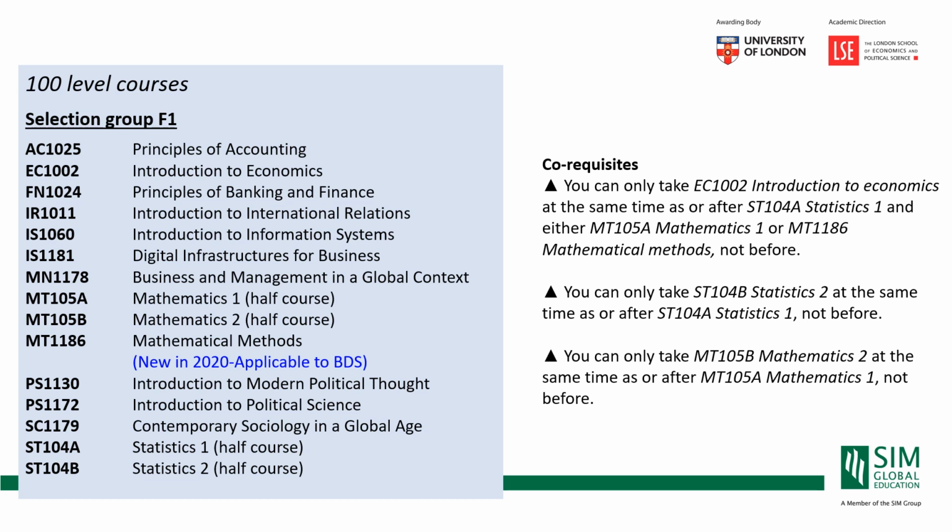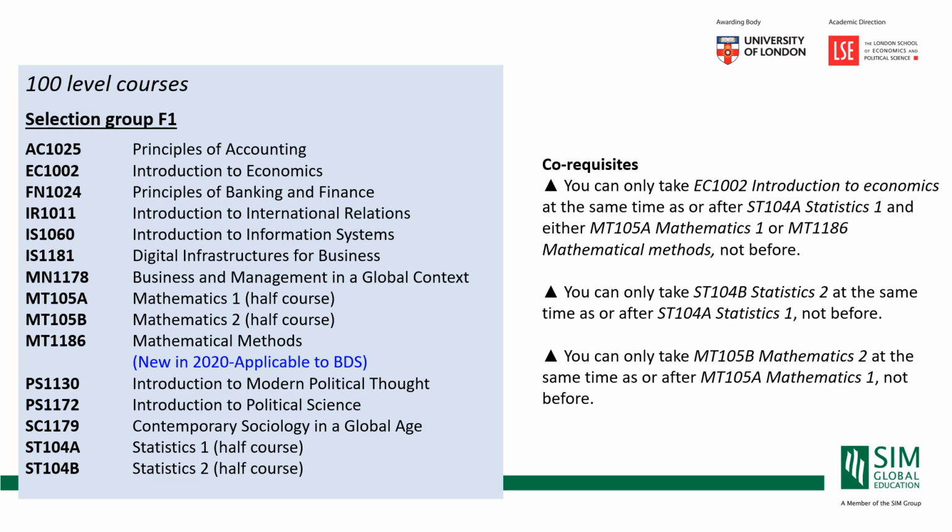There are also some prescribed sequences that you need to follow with regard to Statistics 1 and Statistics 2. You can only take ST104B Statistics 2 at the same time as or after ST104A Statistics 1, but most students take ST104B after ST104A.